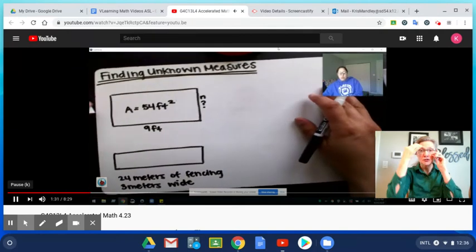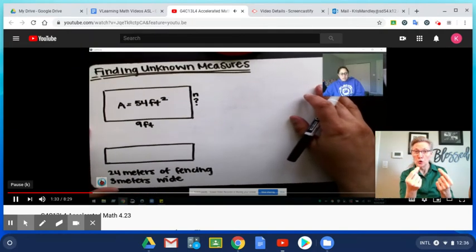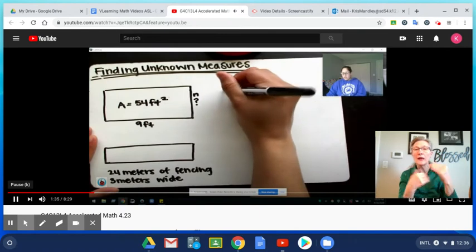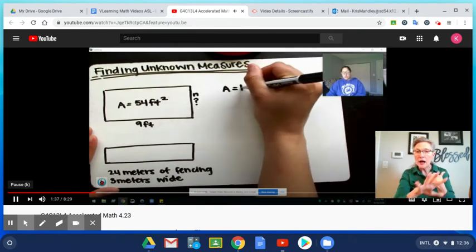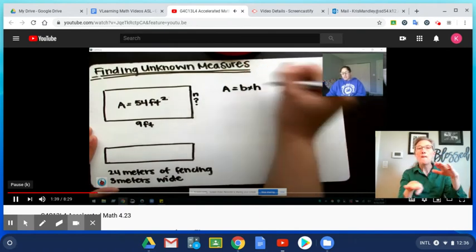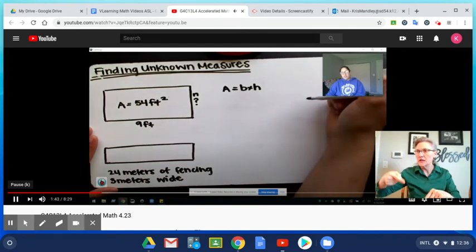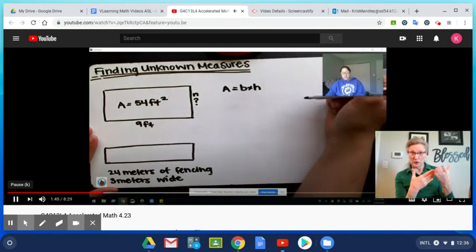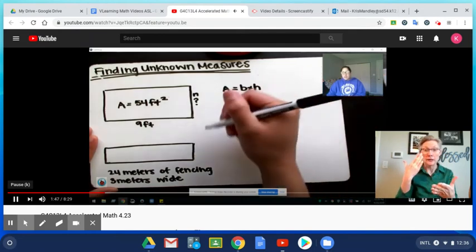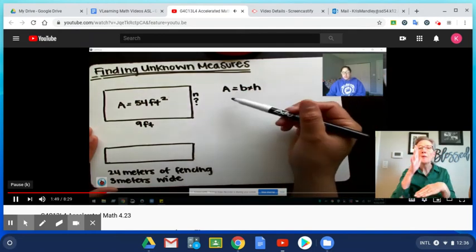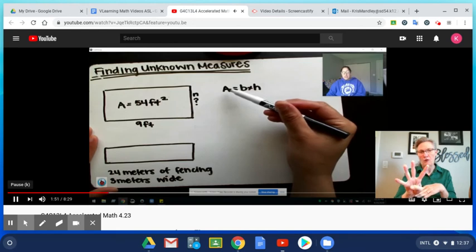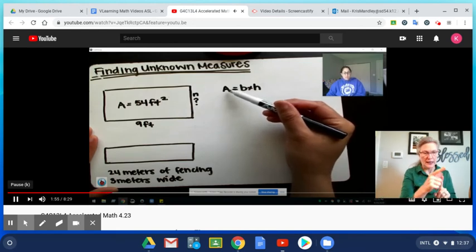And so what we can do is go back to that formula that we have, right? We know that the area formula is area equals base times height. Now, if you have at least two parts of this formula, you can figure out the other part. So I know that my area is 54 feet squared. So I'm going to substitute in that number for that A that's representing area.